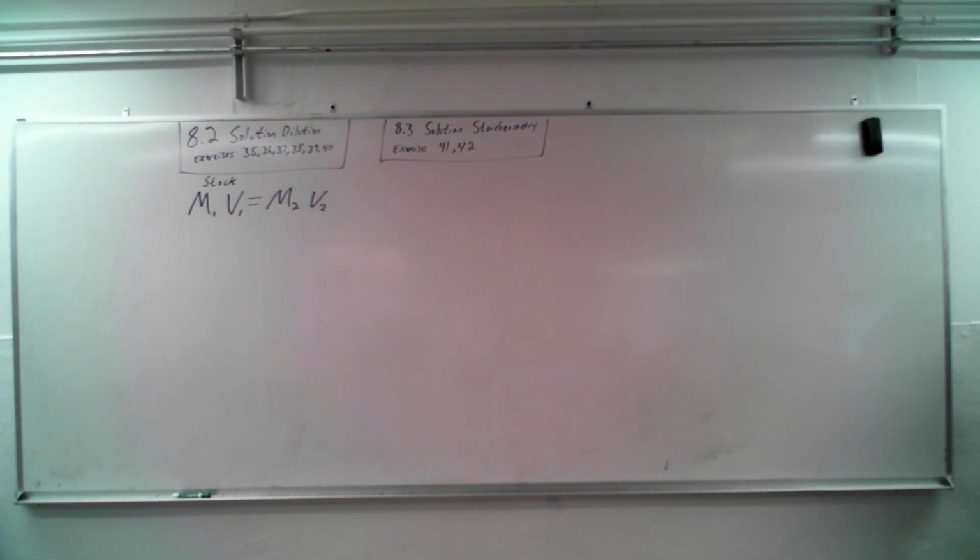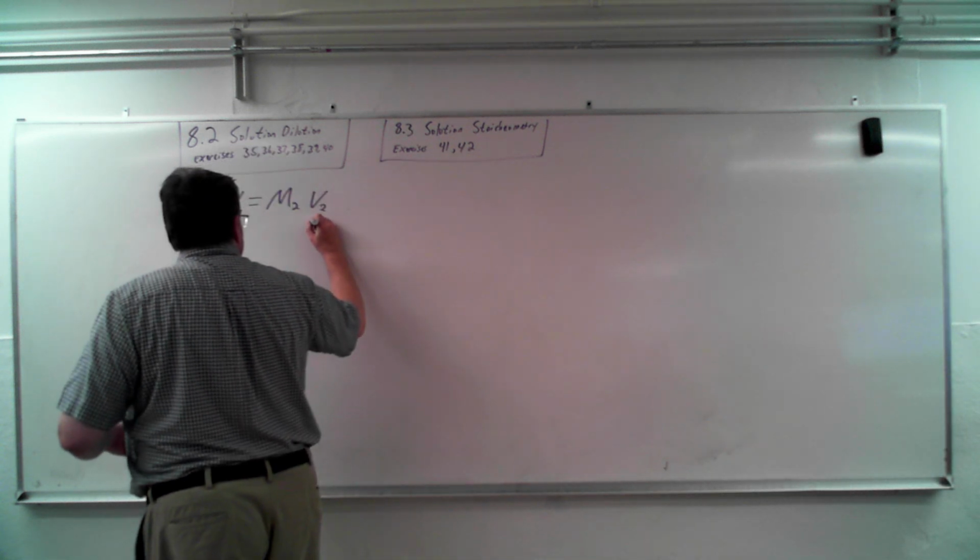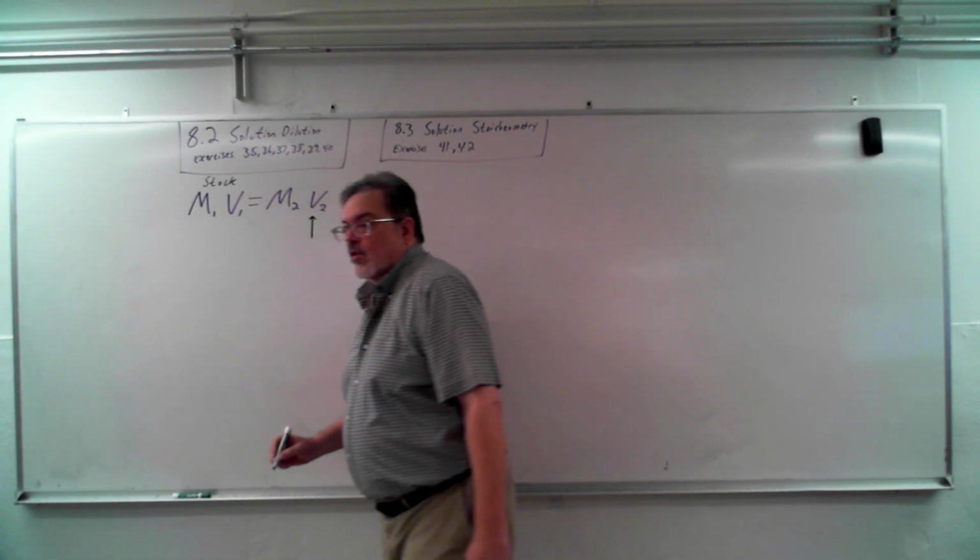Let's do this. All right. Read this. This is example 8.3. To what volume should you dilute? When it says to what volume should you dilute, recognize that's what we're solving for.